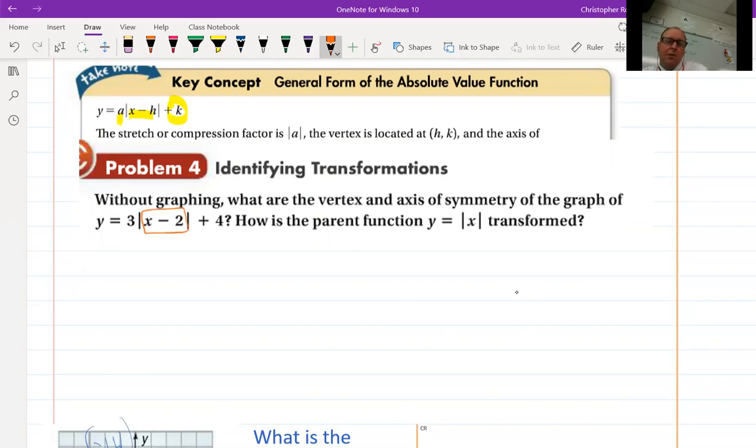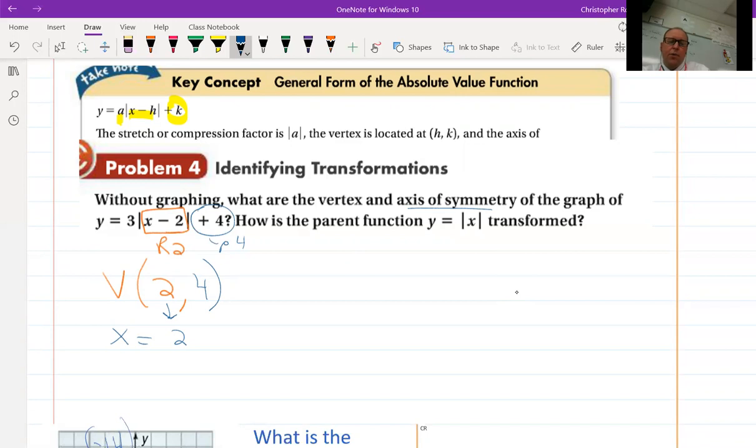Okay, it says minus, so we're going right 2. So that means my vertex is going to be right 2, positive 2. The next thing that's going to happen is plus 4 is up 4. That means I would be up 4, so 2, 4 is my vertex. The axis of symmetry, x equals 2, right? That's literally the x value.